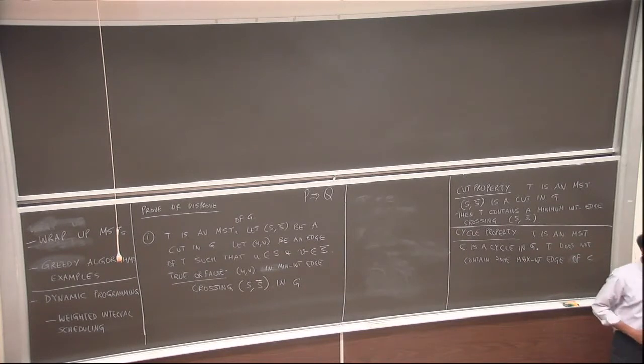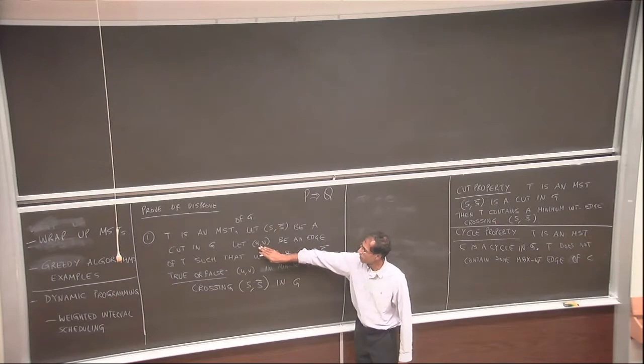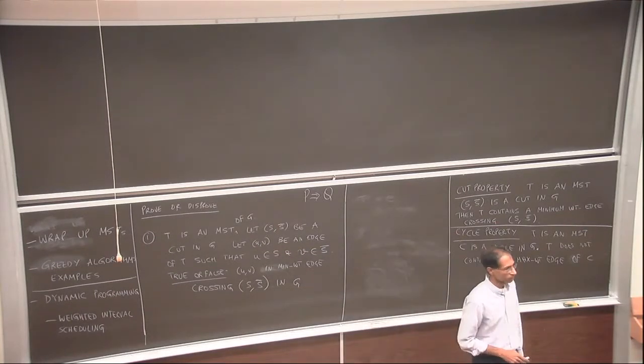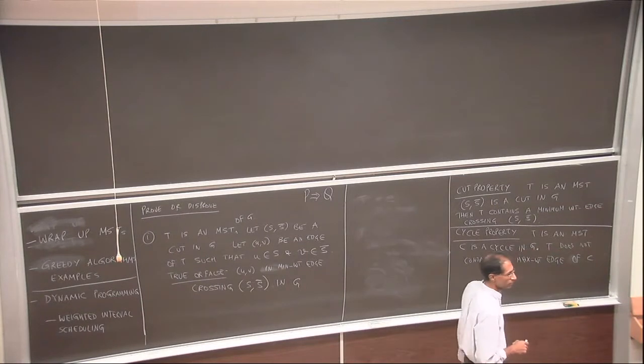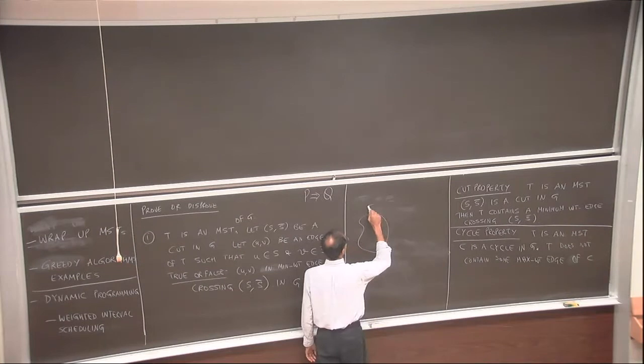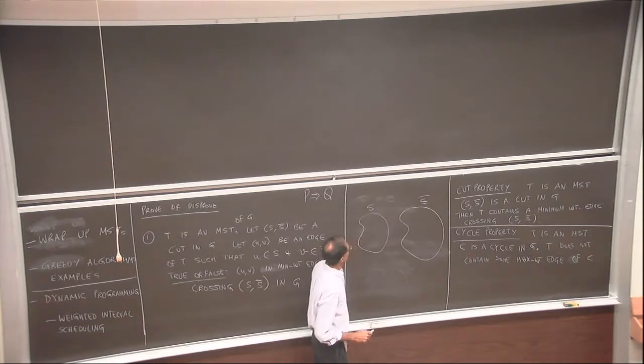Yes. So let us assume that it's not the minimum weight edge. Okay. So this edge, let's call this edge E, and let's suppose it is not the minimum weight edge. So there must be an E prime which is the minimum weight edge. Let me draw a picture, S and S complement.